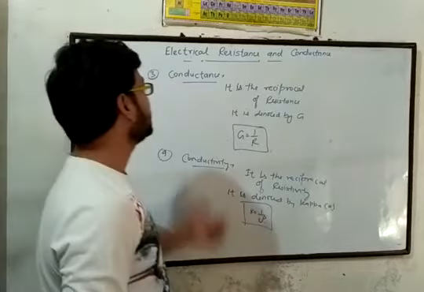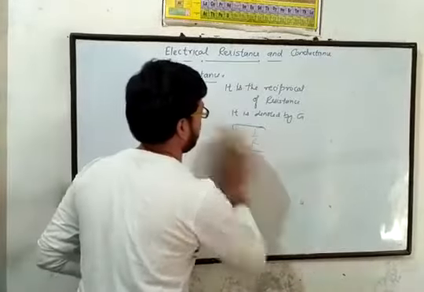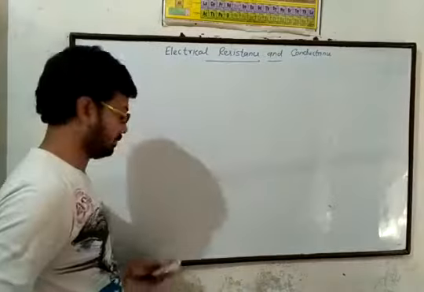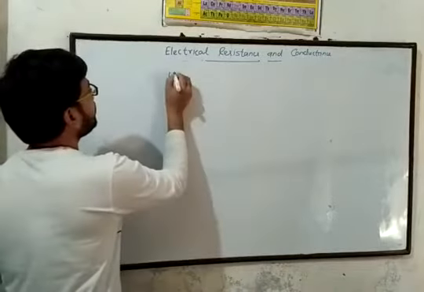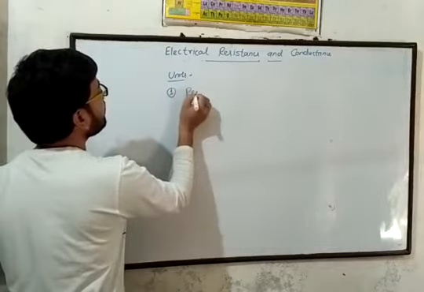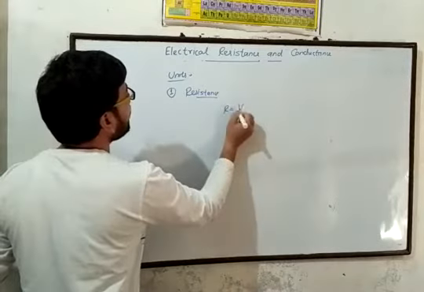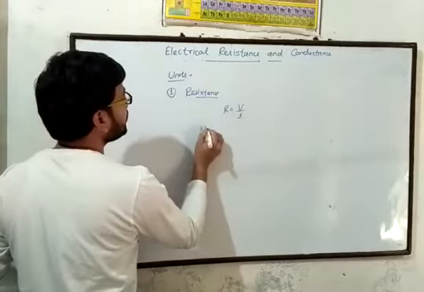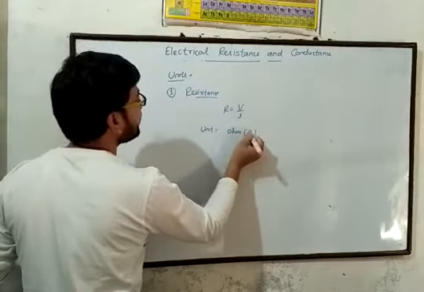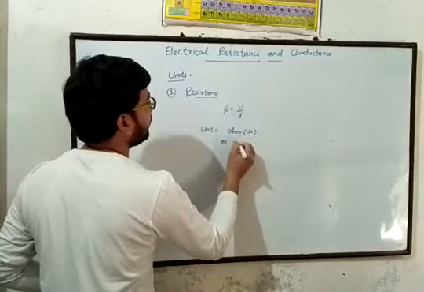So now the units. Number 1, resistance. As you know, R is equal to V upon I. The unit is ohm, denoted by this type of symbol, volt per ampere.